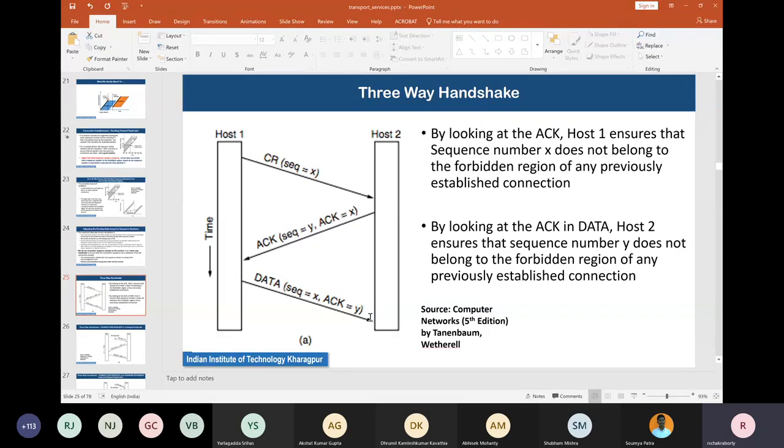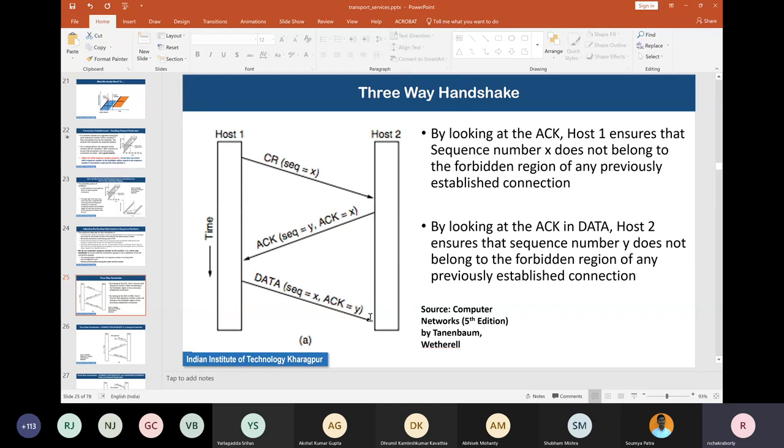Segments allow more than two fields, but there are two fields. One of them is called the sequence number and the other is called the acknowledgement number. These are numerical fields.